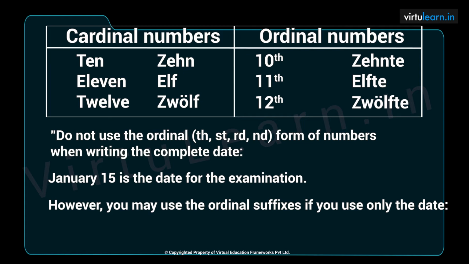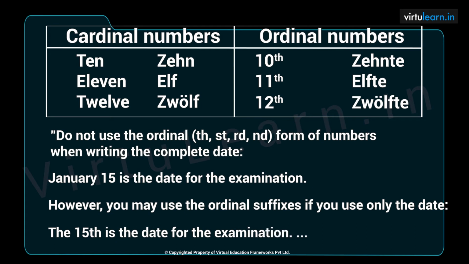Mind you, only the date. The 15th is the date for the examination. Compare, January 15 is the date for the examination. Removing January, the sentence becomes, the 15th is the date for the examination.